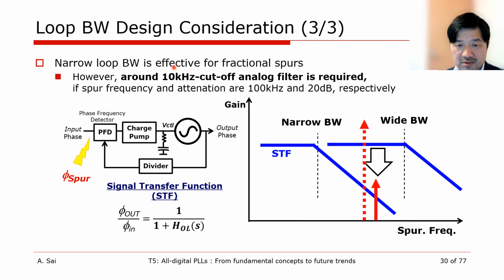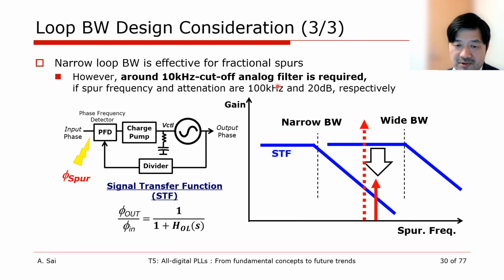The transfer function from the fractional spur to the output phase is the same as the STF. In other words, the narrower the loop bandwidth, the more a low noise fractional PLL can be achieved. But naturally, the chip area of the analog filter and the phase noise of the VCO become the issue.